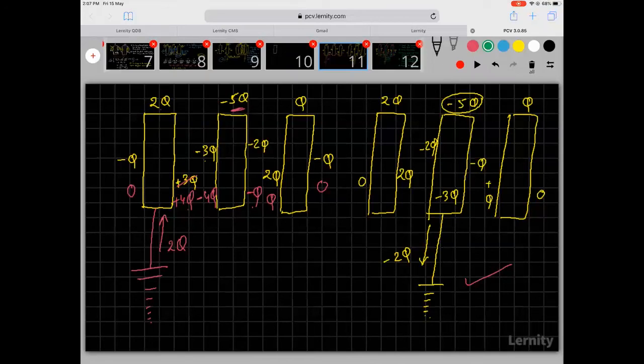So in this case, the charge on each plate was this much: 0, plus Q, minus 2Q, 2Q, and 0.